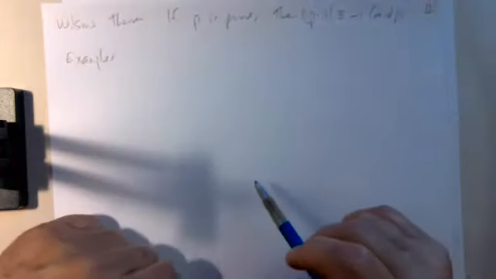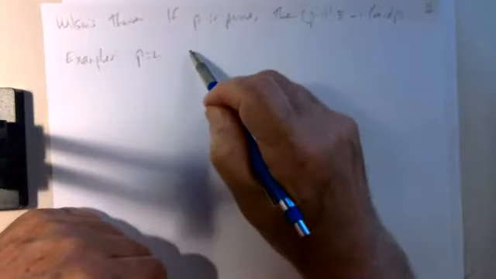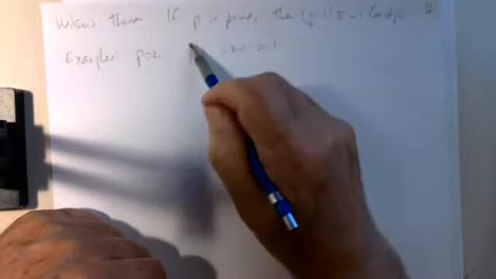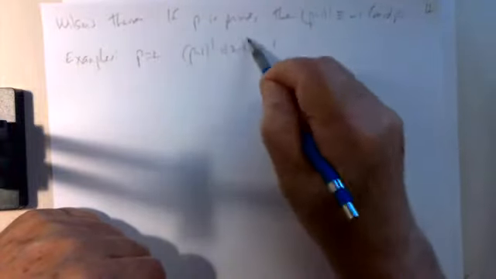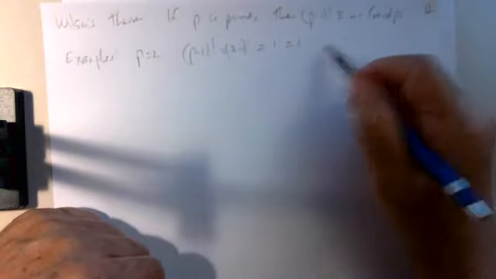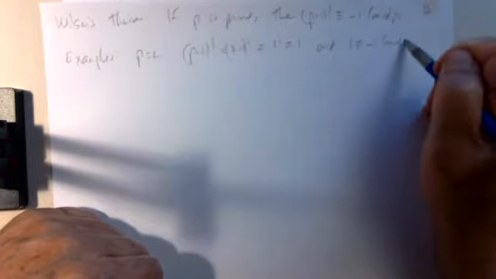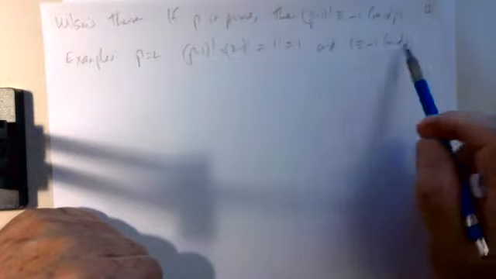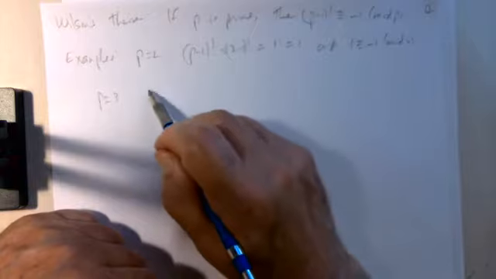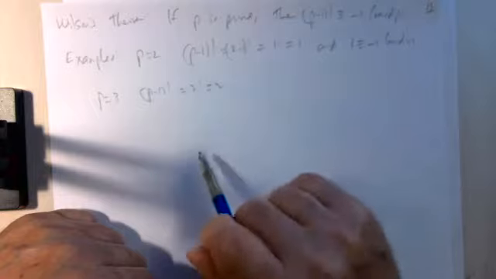Before we prove this, let's look at some examples. Suppose P is 2. Then P minus 1 is 1, so P minus 1 factorial is 1 factorial, which is 1. And 1 is congruent to minus 1 mod 2. This just says 2 divides 2. If P is 3, P minus 1 factorial is 2 factorial, which is 2.